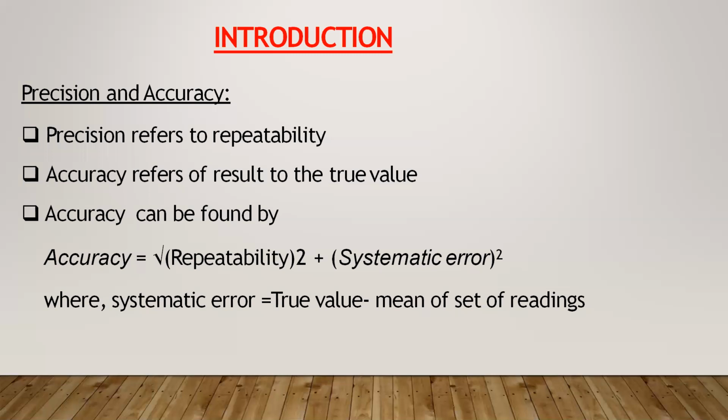So the systematic error can be defined as the difference between the true value and the mean of the set of readings. So that is defined by the accuracy. So accuracy is the square root of repeatability square plus systematic error square.